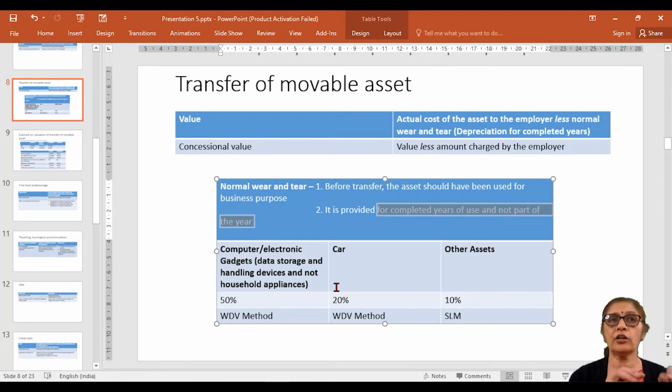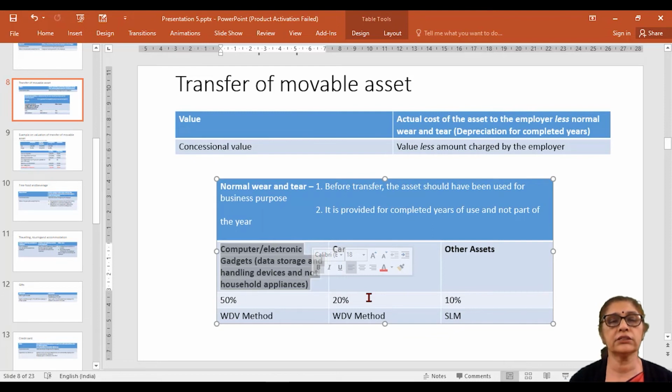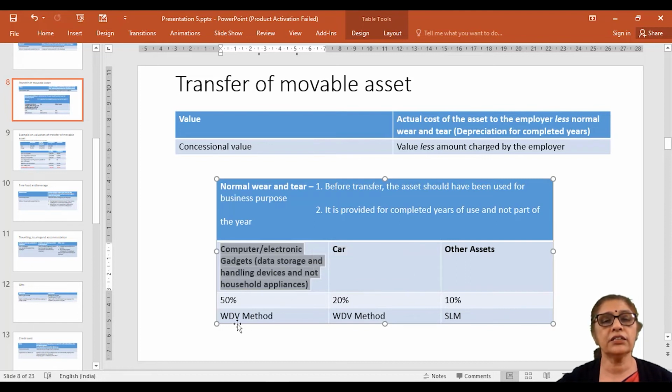So, part of the year is ignored for the purpose of finding out the depreciation. Now, for the method and the rate. For all electronic gadgets, computer, electronic diaries, data storage devices, the method is written down value and the rate is 50%.